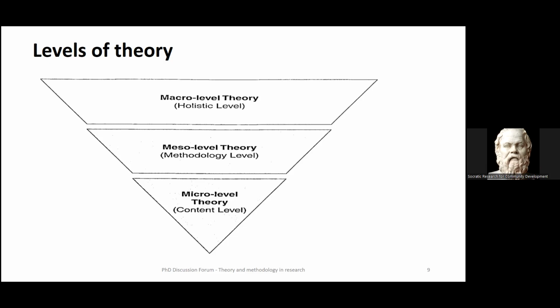Those are what we call macro level theories, right? And others that help us to link these, that are mid-range, to link how you can arrive at studying a particular phenomenon while taking care of the broader issues as well, which are meso level.